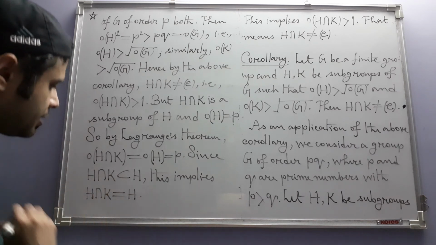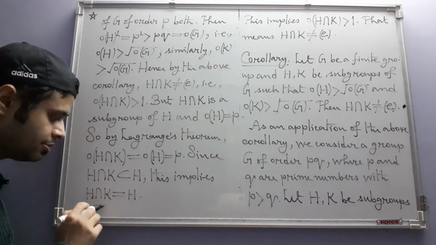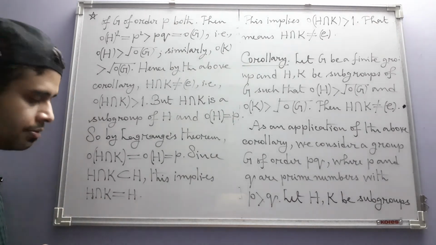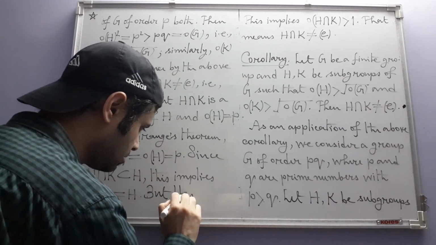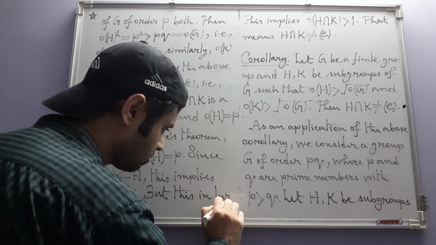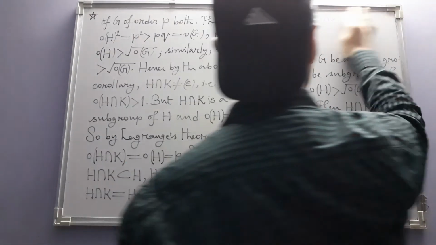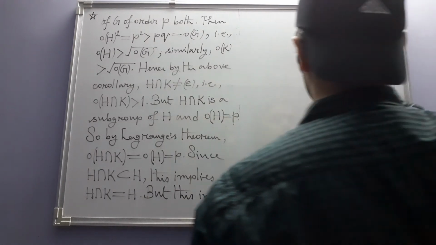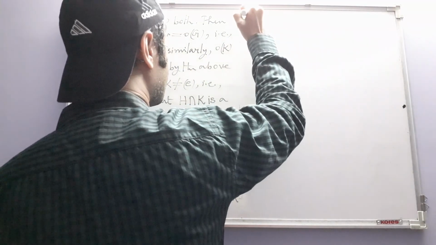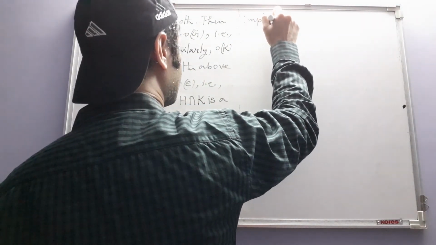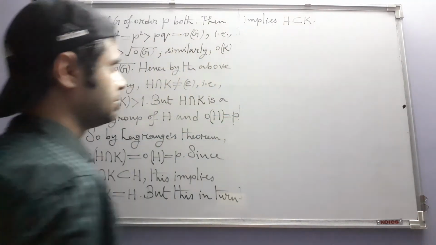Now if H intersection K is equal to H, then H is the smaller one, that means H should be contained in K. But this in turn implies H is contained in K.